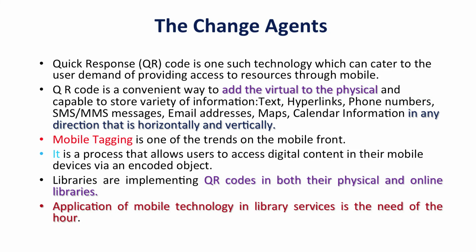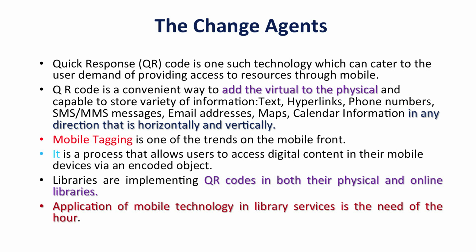Now, coming to the changes, what kind of changes are taking place in the present scenario in libraries. QR codes are one such technology which can cater to the user demand of providing access to resources through mobile phones, particularly smartphones.